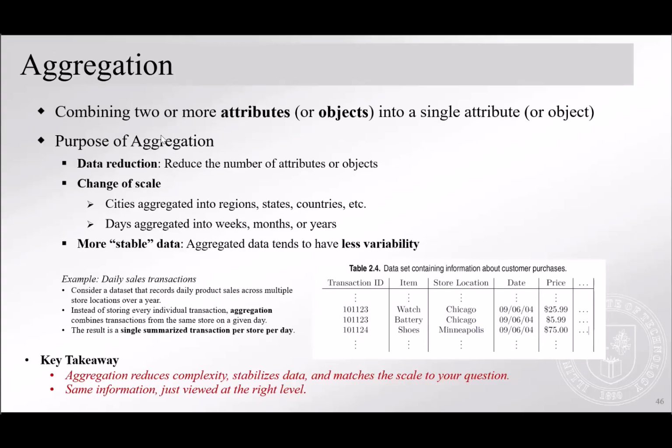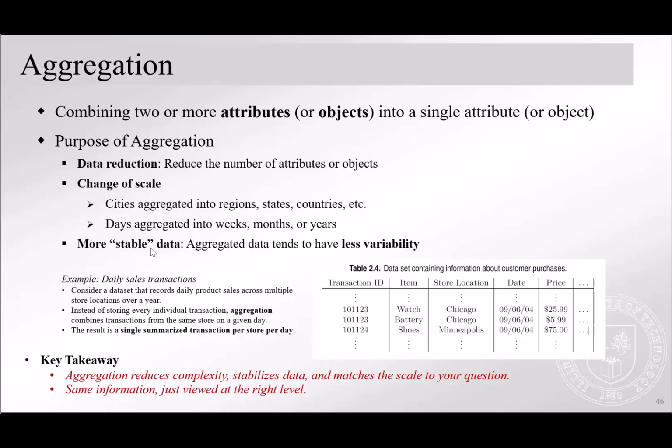Aggregation is the process of combining two or more attributes or objects into one. We do this for several reasons. First, data reduction: it's easier to analyze monthly sales totals than millions of individual transactions. Second, change of scale. We can analyze data at the store level, the city, state, and even country level.